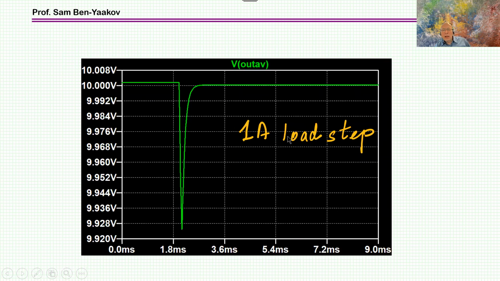And here is the response of the system in the time domain to a 1 amp load change. You see it's going down about 80 millivolts, which is for 10 volt, it's pretty good. And it recovers in, I guess, 50 microseconds or something like that, which is also respectable.